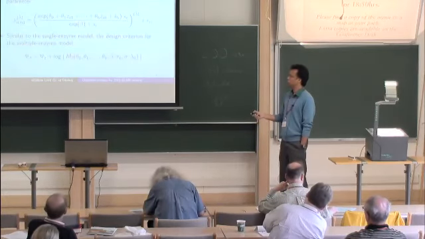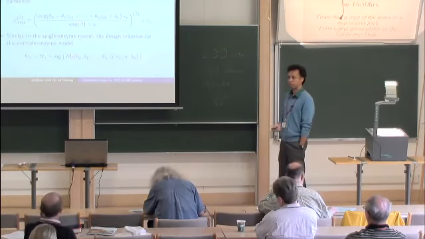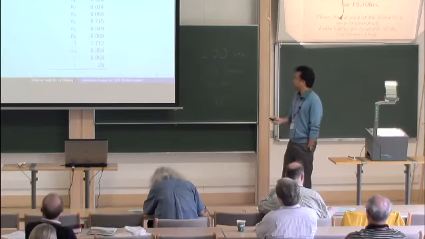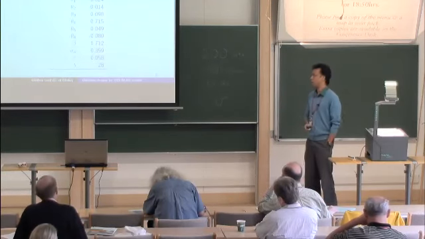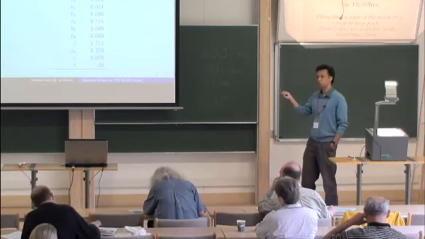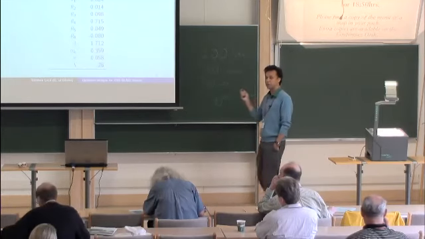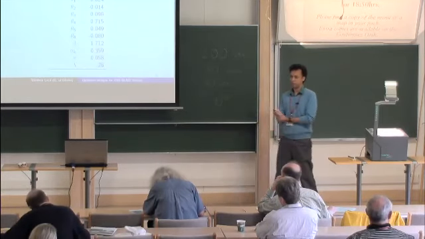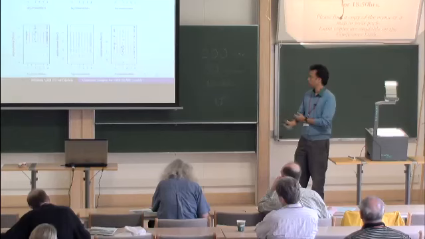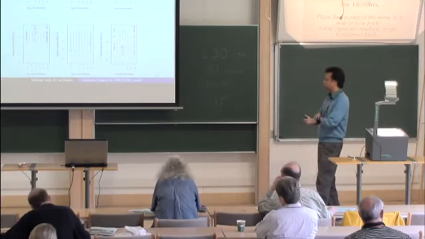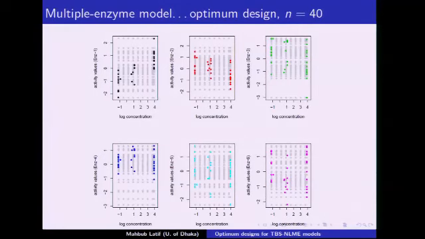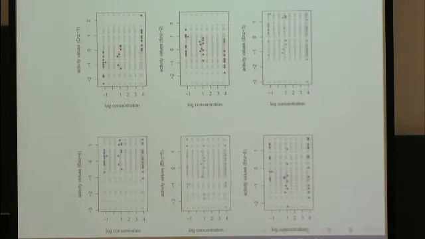This M2 is the information matrix obtained from here. And for this design, I used these values as the prior values, which are the estimates we obtained from the data. And this is our design. So you can see this design is quite different from the previously obtained design, because here you have not a straight line, you have some fluctuation.